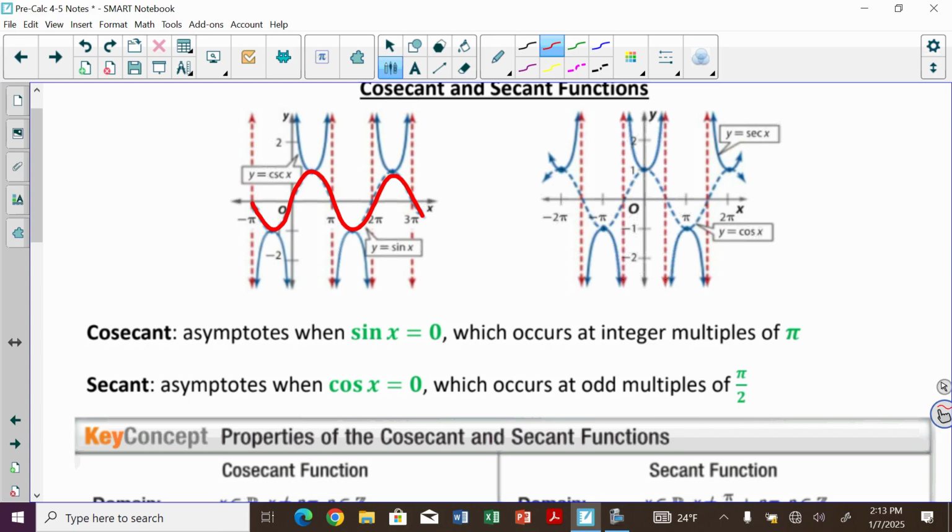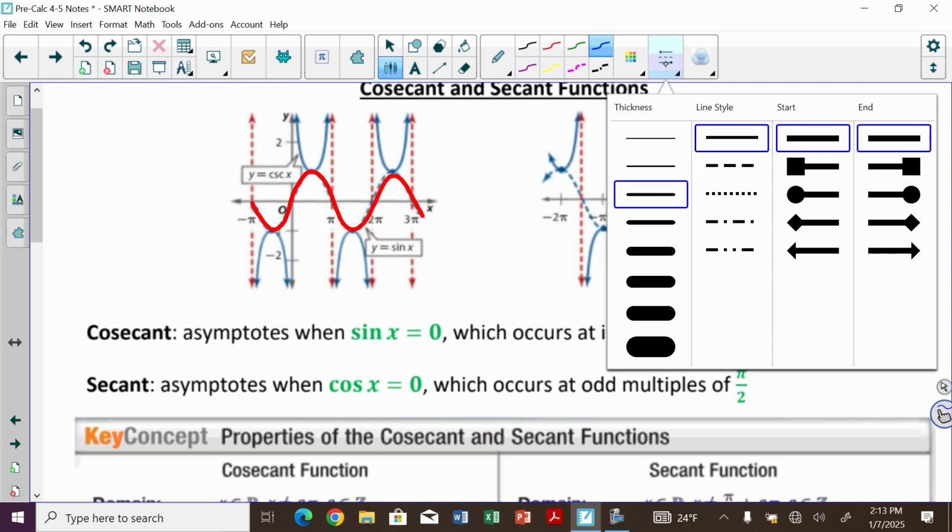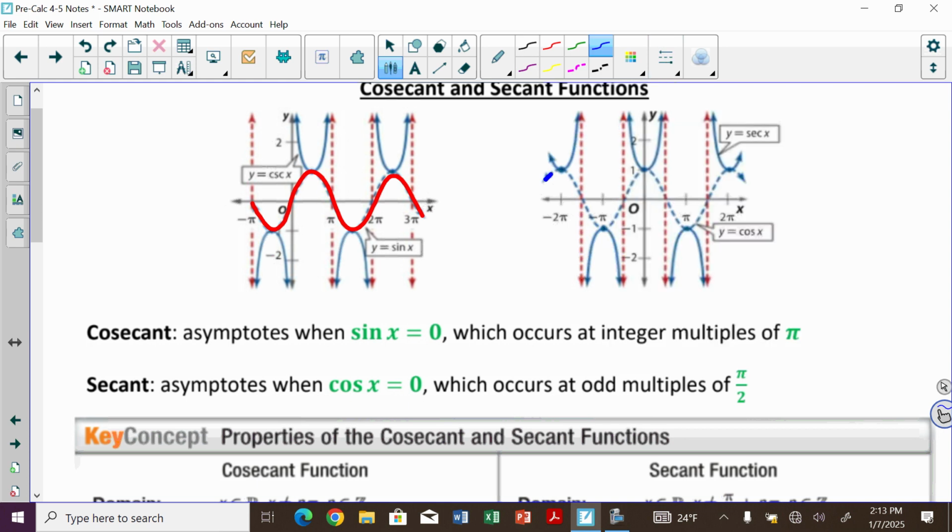Same thing over here with secant. Secant is the reciprocal of cosine. So if you look at the cosine graph here, then you can see how the secant graph is going to work based on cosine being maximum, minimums, kind of touching there.